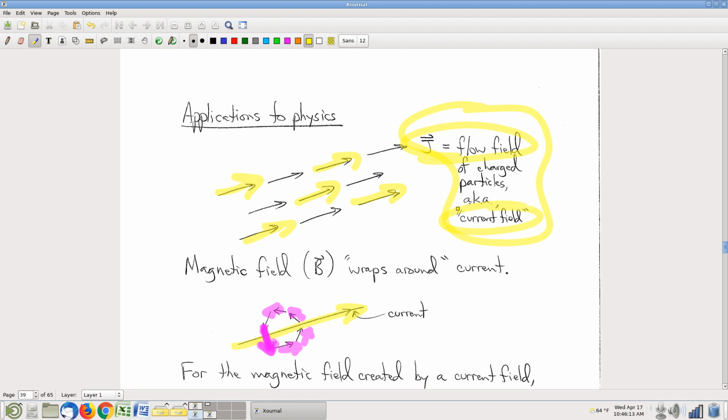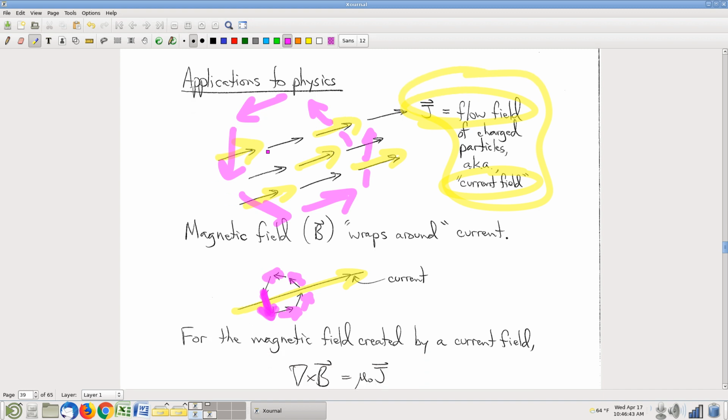That creates a magnetic field as well, and it analogously goes around the flow like that, right hand rule, and it's not a physics class, so don't worry about it. So what is the relationship between this current field that I have in yellow and this magnetic field that I have in purple?